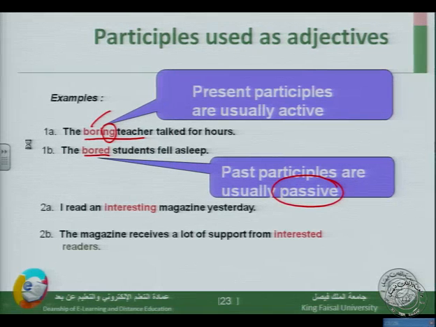Why is it passive? Because it receives the action of bore, whereas a teacher is the doer of the action bore. So this is actually the difference between the present participle and the past participle. With the present participle, the doer is active, while with the past participle, they are usually passive.